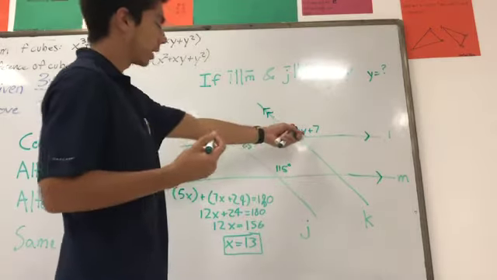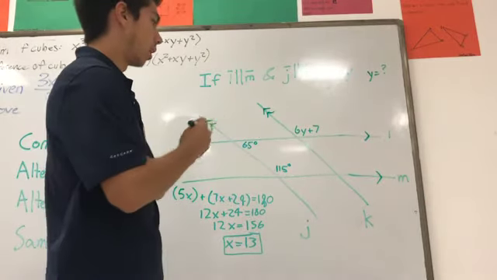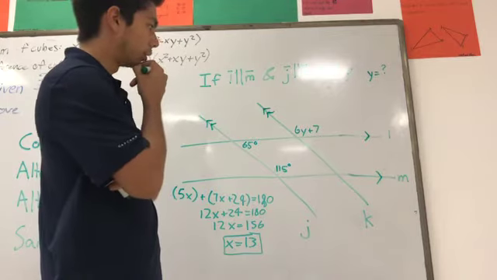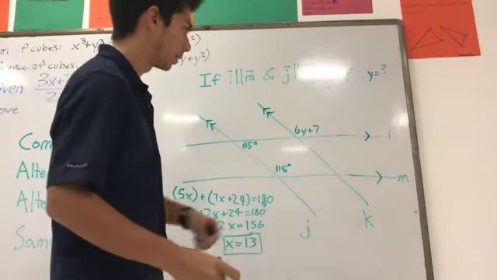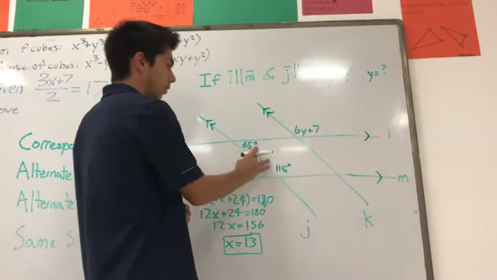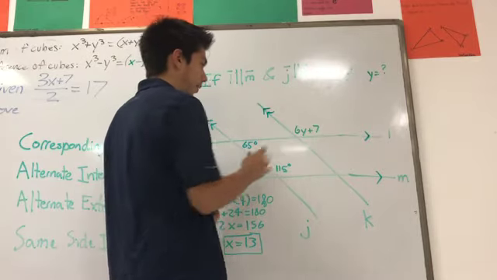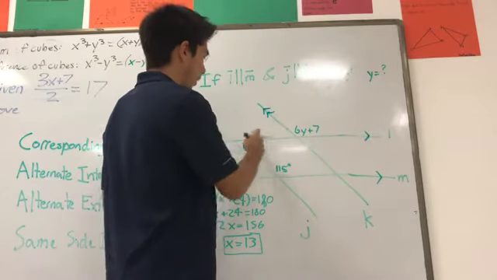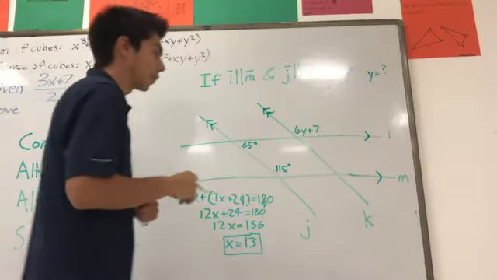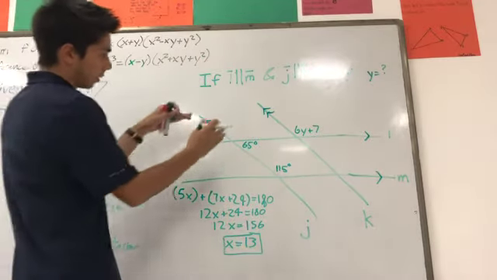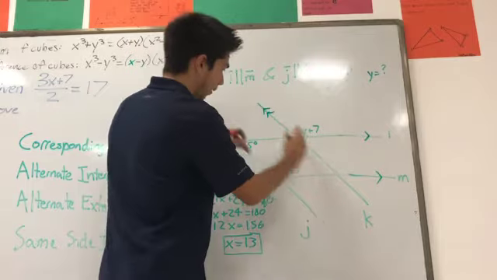But now we need to find this angle over here. And this might be a little bit of a jump for you guys. So I have 2 parallel lines here. I found these 2, and now I look at this and it's pretty far away from all these other ones. But what we need to see here is that these 2 lines are parallel too.